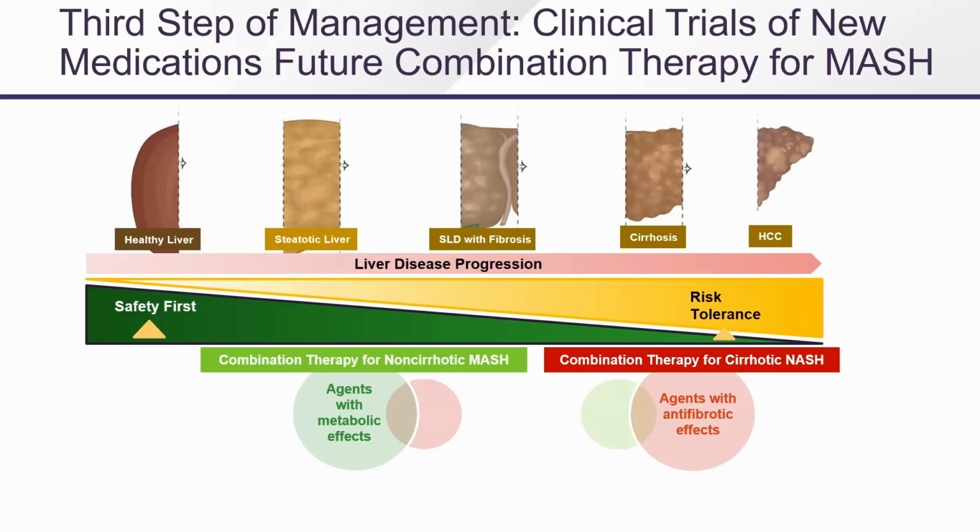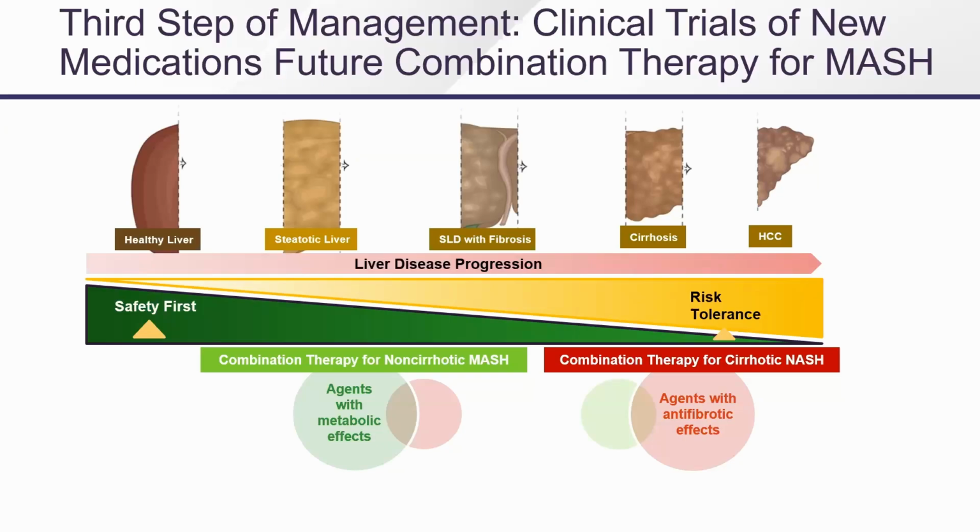The way we think about it is the earlier you are in the disease, the more important safety is, because we do not want to cause harm to patients who are relatively healthy. As the patient's liver disease progresses, our risk tolerance will increase because these patients have real disease. So we may be able to tolerate more risk compared to patients with earlier disease.